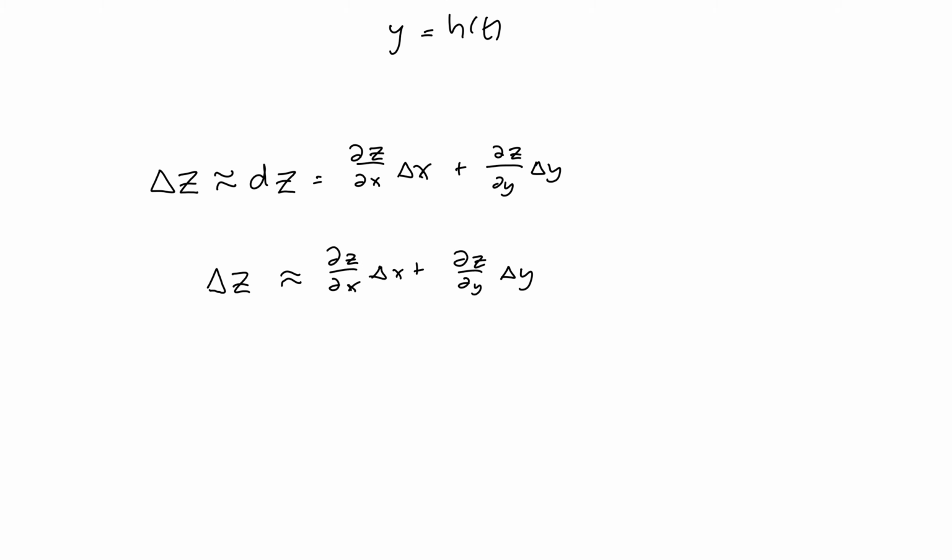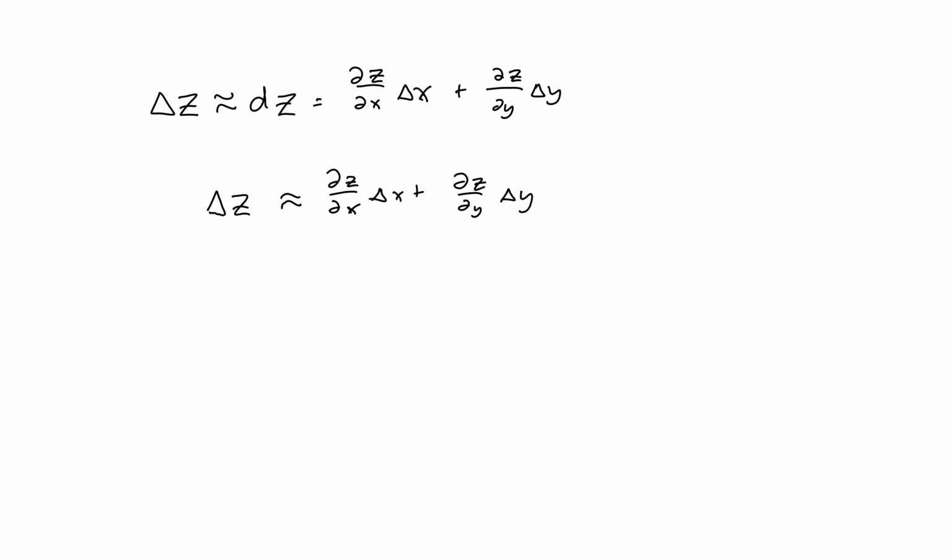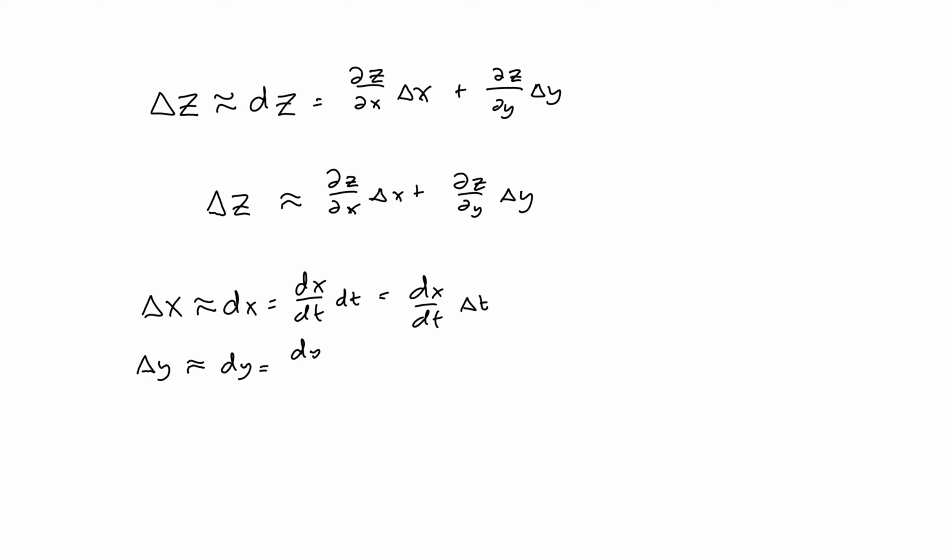So now we can use differentials from one variable to say, well, delta x was approximately dx, which was dx/dt, which we could also write as dx/dt delta t, and delta y was approximately dy, which was dy/dt, which we could also write as dy/dt delta t.